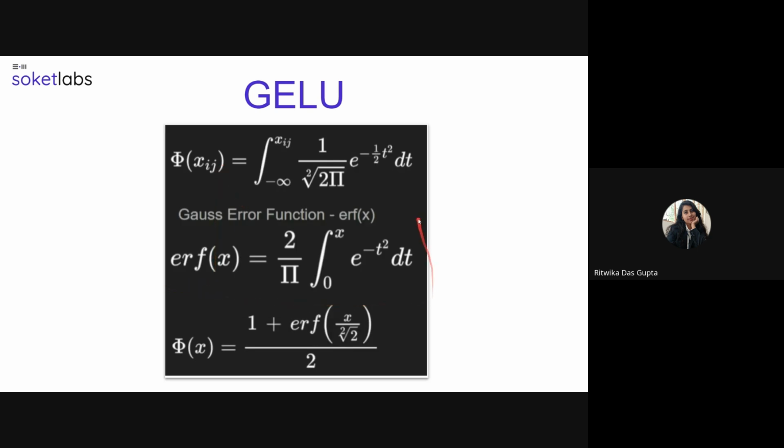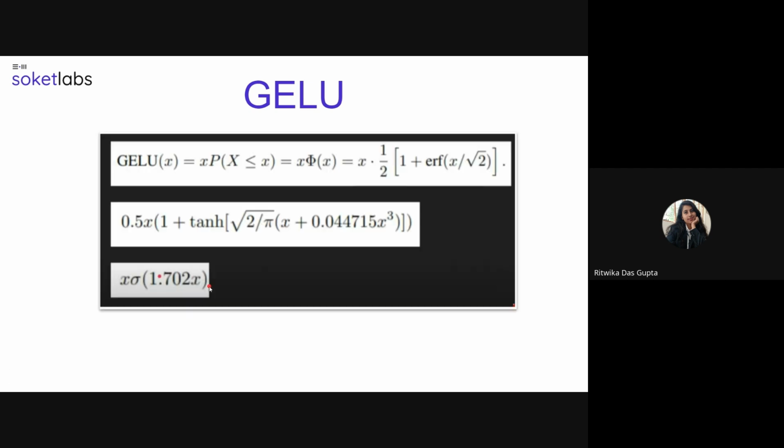Then we find out the Gauss error function and try to get it in the form of phi. And after that, the GELU function somewhat looks like this. We can also represent it in terms of tanh and sigmoid, which is an easier representation.